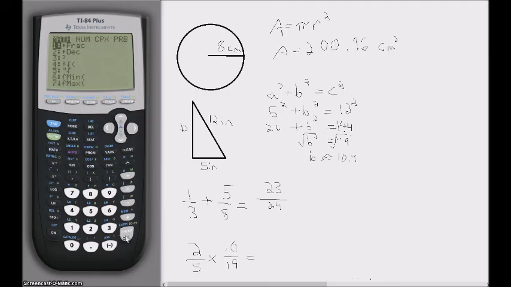I want to change it to a fraction. Hit enter, and I get 4/19. 4/19 is a lot easier to write, I think, than 0.2105263158. So those are some ways to use the calculator. Hopefully that helps you.